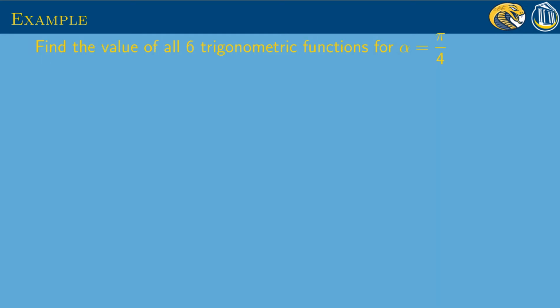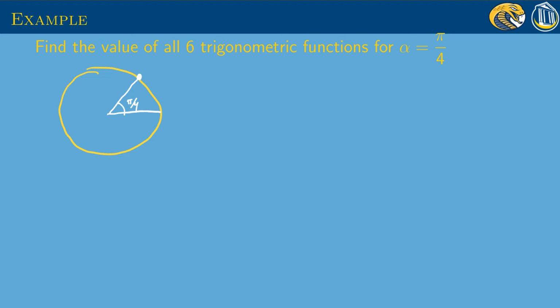We can use these definitions to find the values of our trig functions for the angle alpha equals pi over 4. Remember, pi over 4 on our unit circle is the angle that creates a 45-degree angle from our baseline.